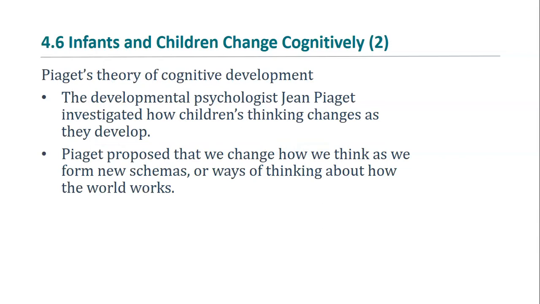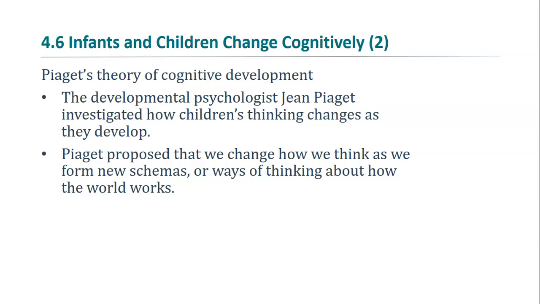One of the most important theorists about the development of cognitive processes in humans was the Swiss biologist Jean Piaget. Piaget described thinking in terms of a series of 4 stages of development. And during each of these stages, there is a qualitative difference in how children think about the world.